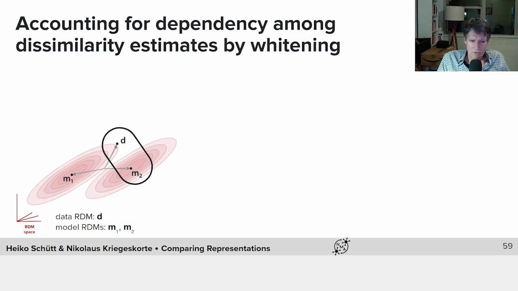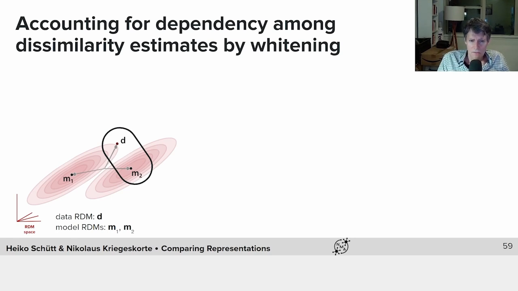However, when we consider the covariance of the RDM estimation error, we see that model 1 actually has the higher likelihood. So the probability of the data given model 1 is higher than the probability of the data given model 2 because the variability of the uncertainty about the actual RDM given a model is not isotropic.